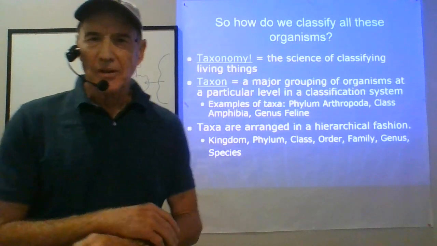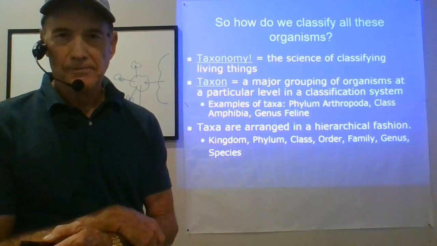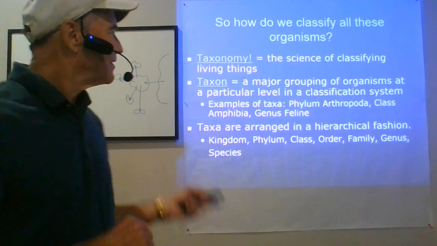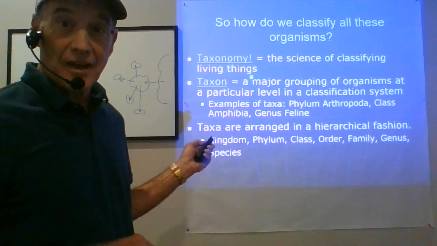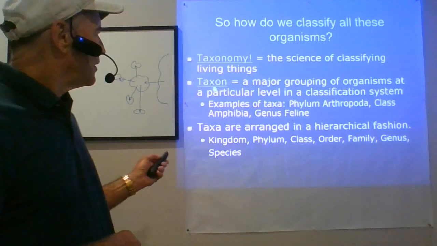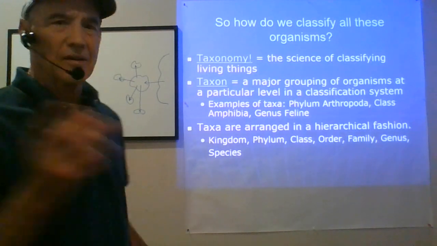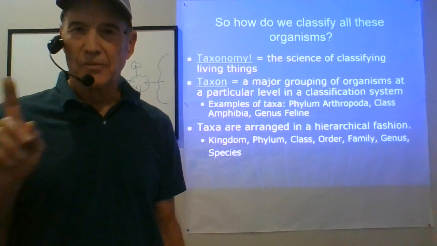Okay, so now we have all these different organisms. How do we classify them? Well, the science that does that is taxonomy. A taxon, or taxa is plural, taxon is one.